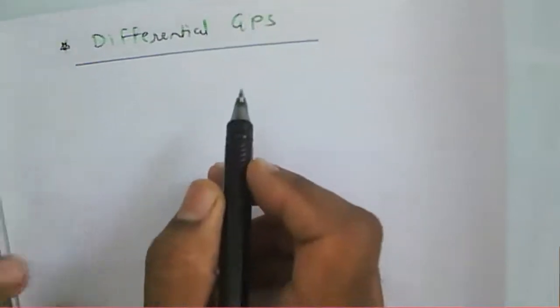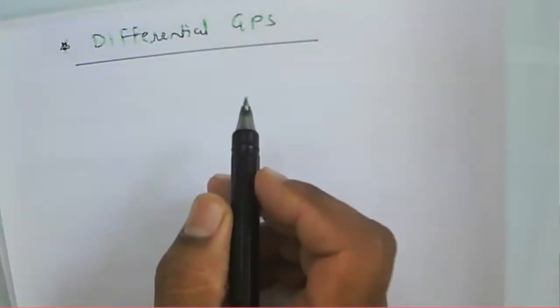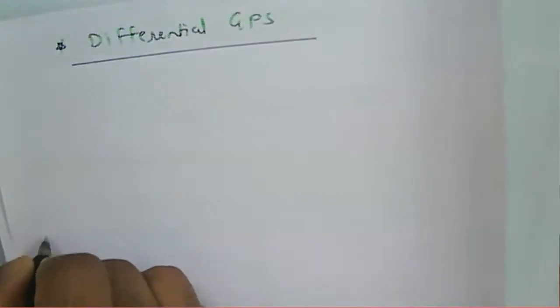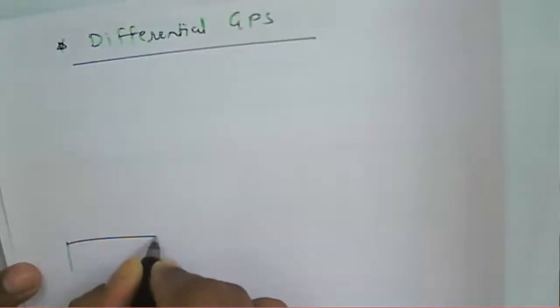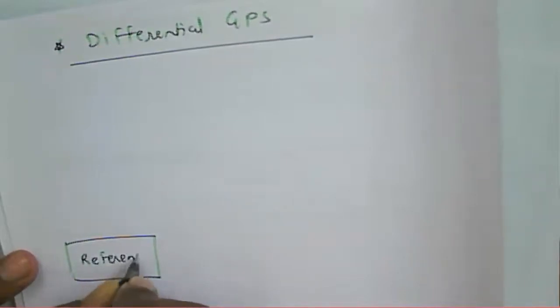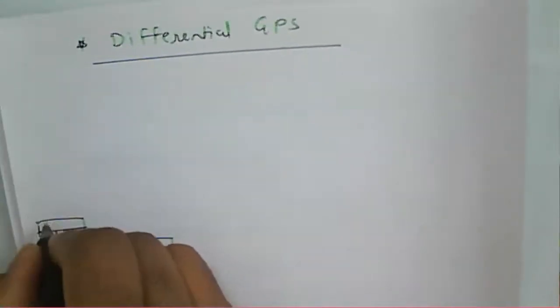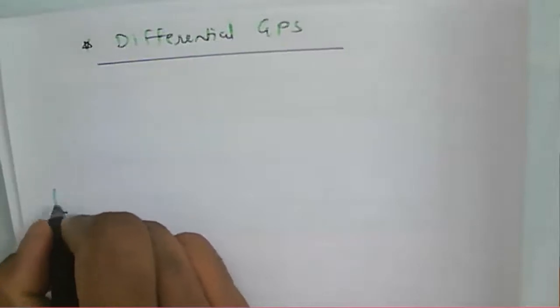In the differential GPS system, you see that some particular reference station is to be installed. So suppose I am saying here, a reference station is to be used. That reference station transmits the signal.